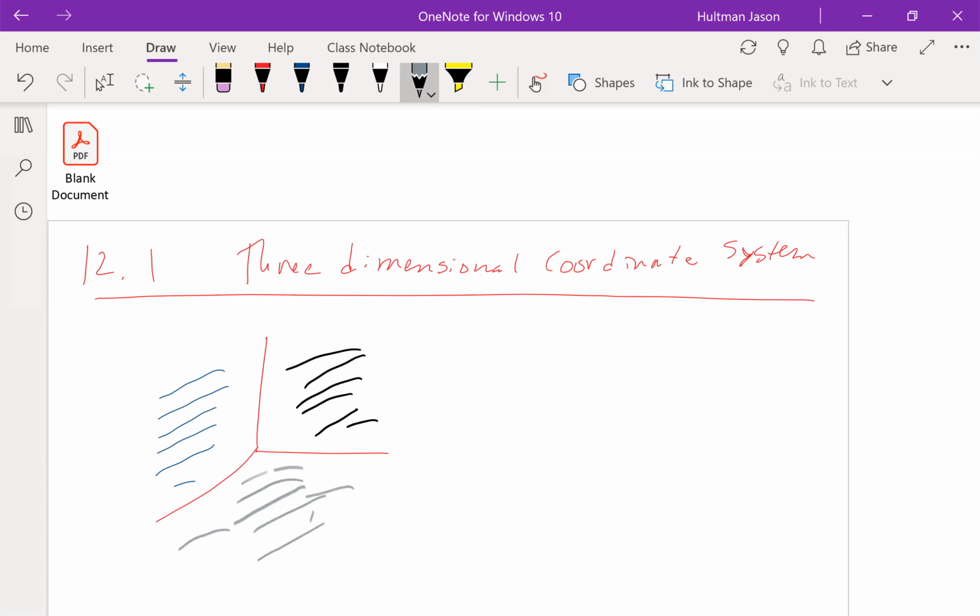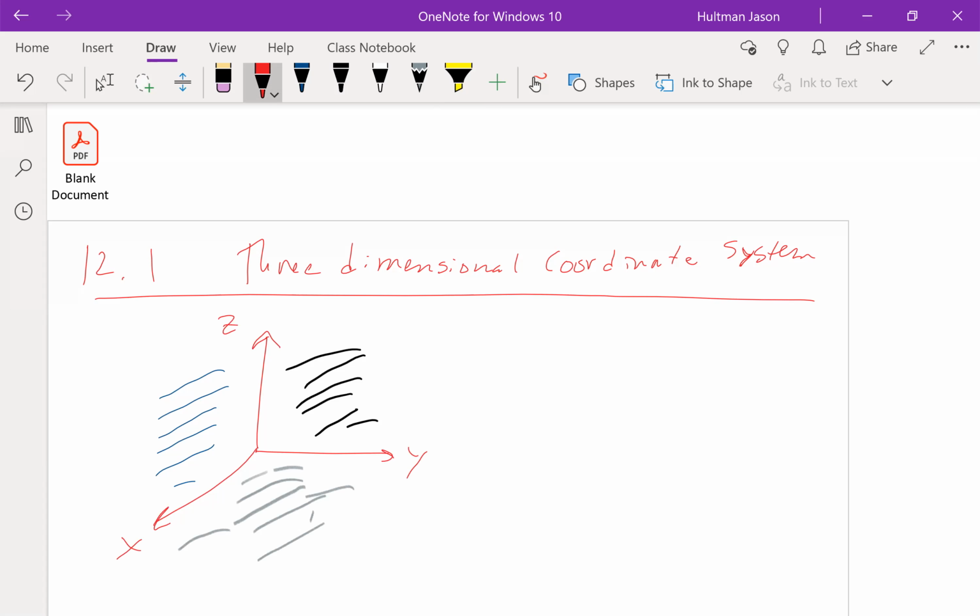Think of this like three walls in your house coming together in that bottom corner. What's coming out at you is X, what's going to the right is Y, and what's coming up is Z. X is coming out, Y is to the right, and Z is going up.